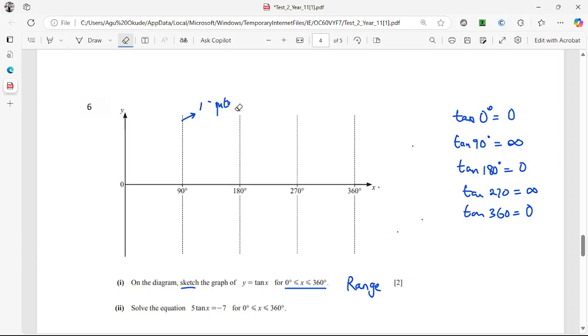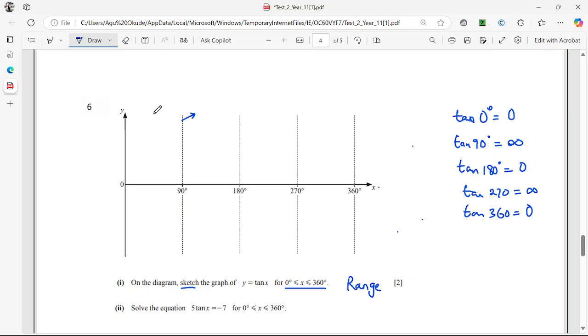The reason is that tan 90 has no value, it is undefined, so the graph does not touch that line. So this is called an asymptote. Also 270 gave me undefined, so 270 is another asymptote, because the tangent graph is not going to touch those lines.